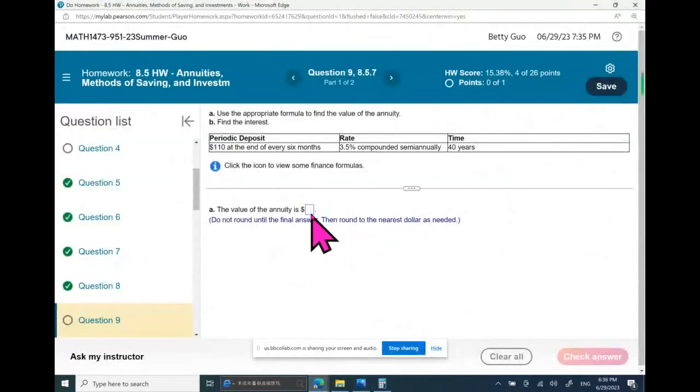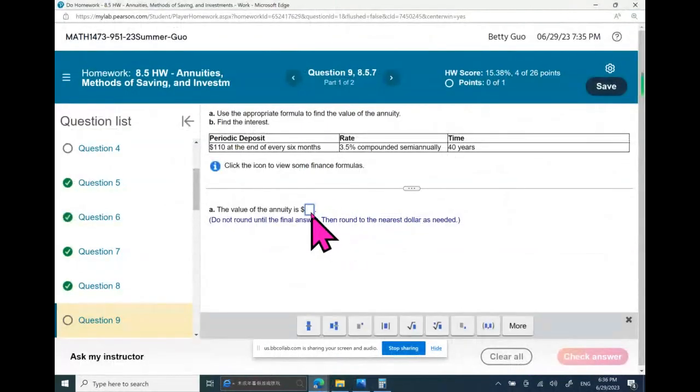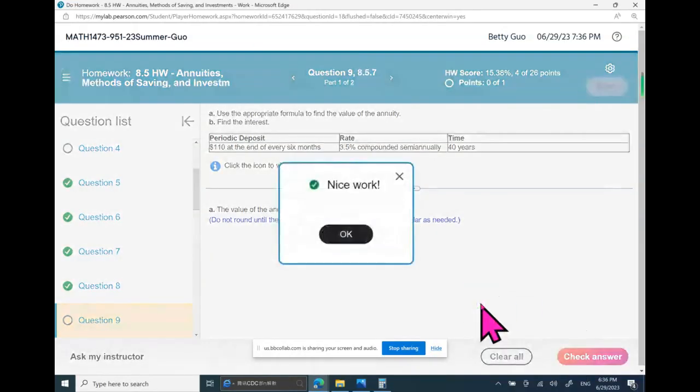Round to the nearest dollar as needed. So let me enter future value 18897. The payment we should get is negative 110, by the way, because the money is going out, and future value should be positive, but you can just ignore the sign. Again, future value is positive. The payment is supposed to be negative.